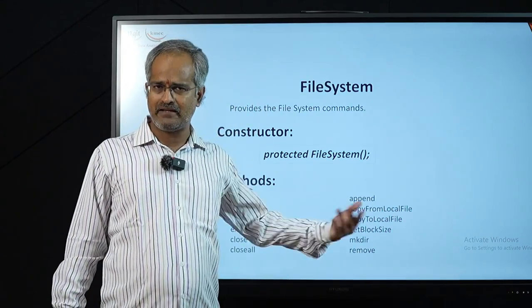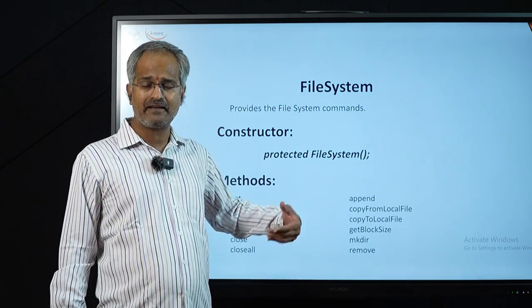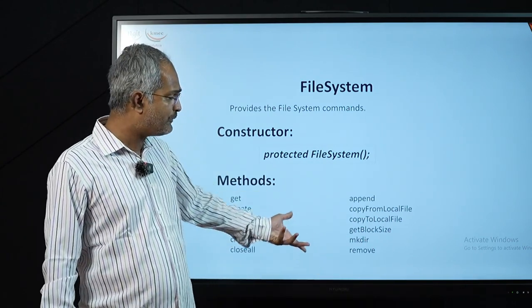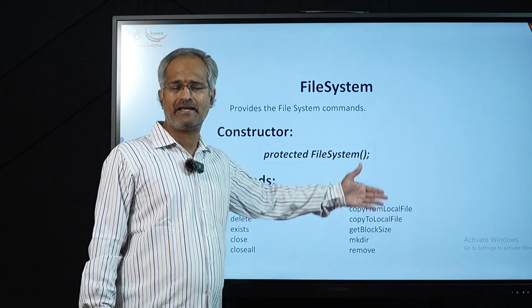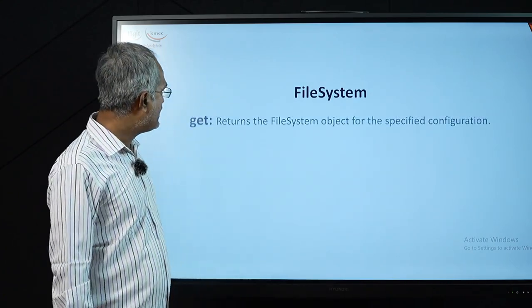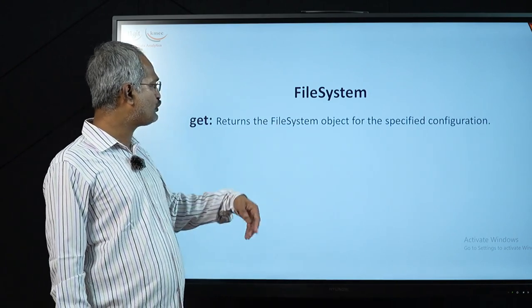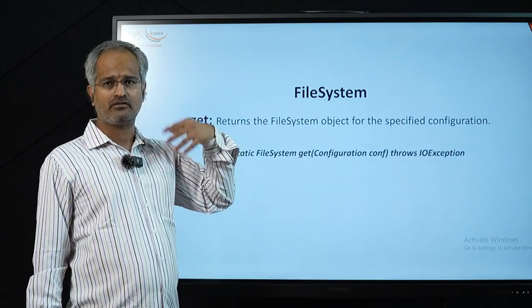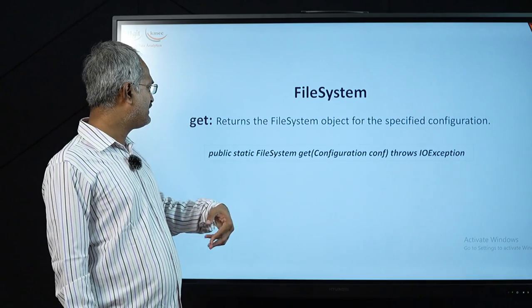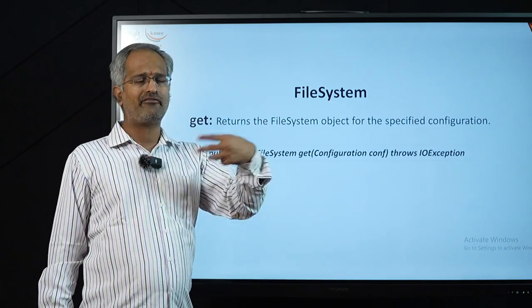All these are various methods available, which represent some of the basic commands of the file system. And the get command is used to get the configuration of the object, and that will be connected to the file system.